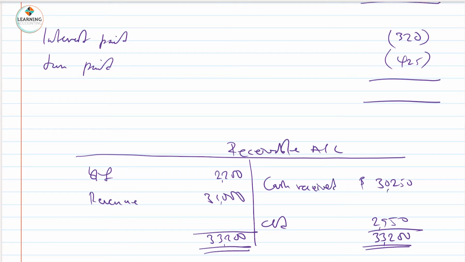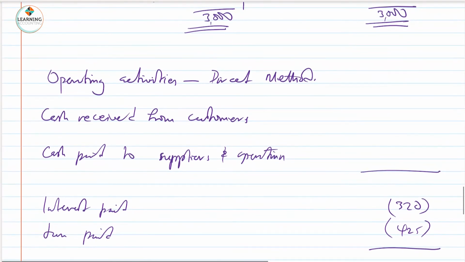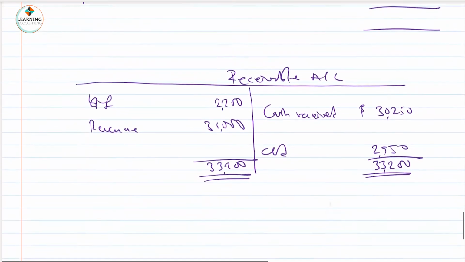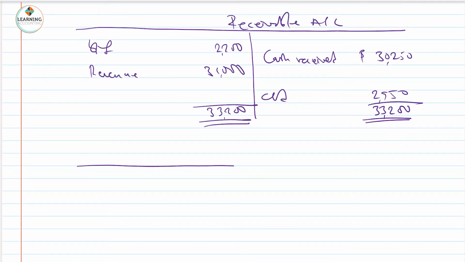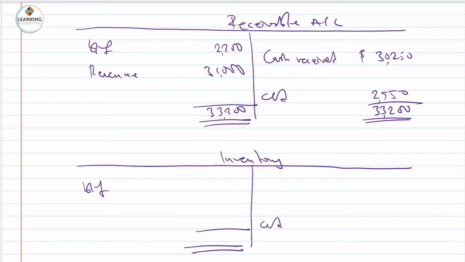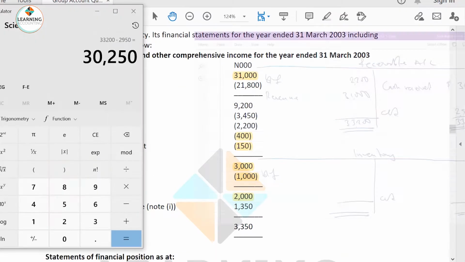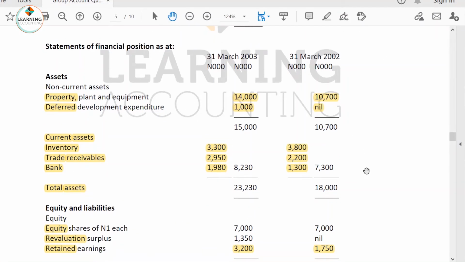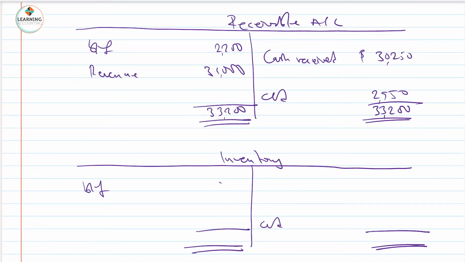So 30,250 cash received, straightforward. Now the one which is usually not straightforward is to get the cash paid. Now to get cash paid, the first thing we have here is inventory account. Now inventory, we have the brought forward and the CD. Again, it's an asset account. Now inventory, the figures you have there, we have 38 and 33.